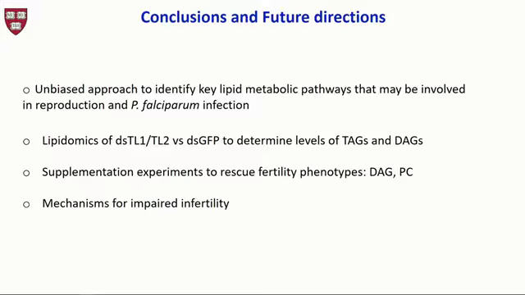The next set of experiments is to see if we can rescue this phenotype, like the fertility, by injecting either diacylglycerol or phosphatidylcholine, which is one of the main phospholipids in membranes, and DAGs are very important for PC synthesis. Again, the crucial part is what is the mechanism by which this is happening, and how is this regulated.